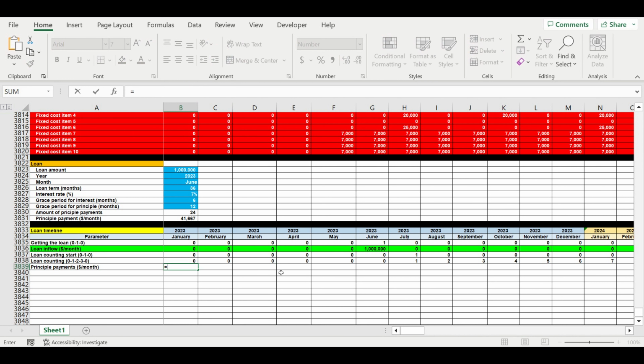If this value is more than 0 and this value is more than the grace period for principal payment, so this is an IF and AND function, then I will put the value of the payment. Otherwise 0.